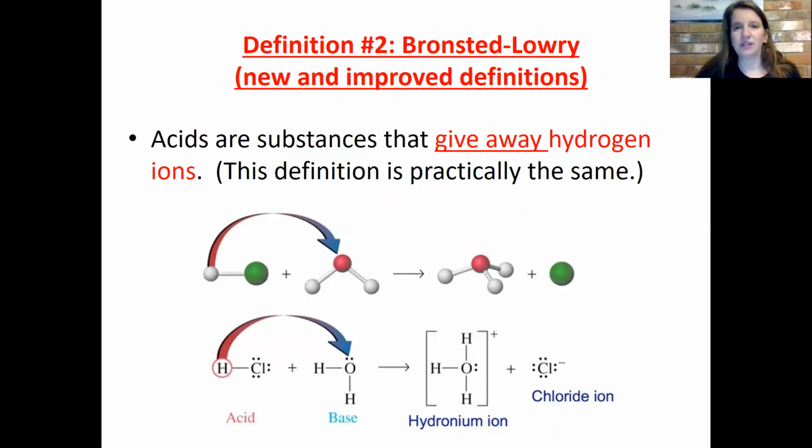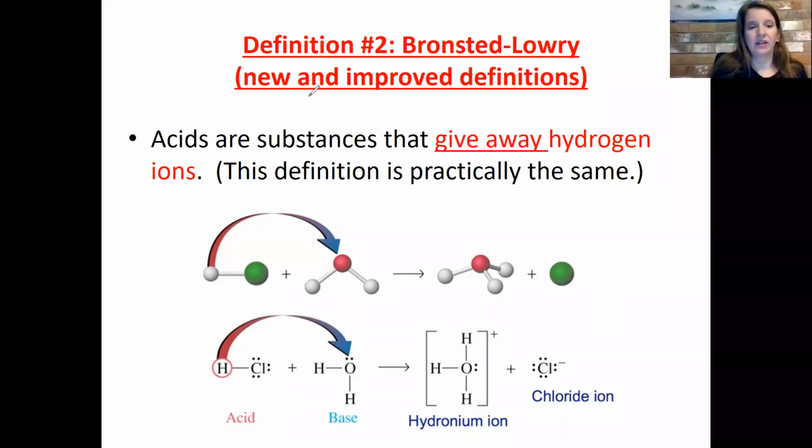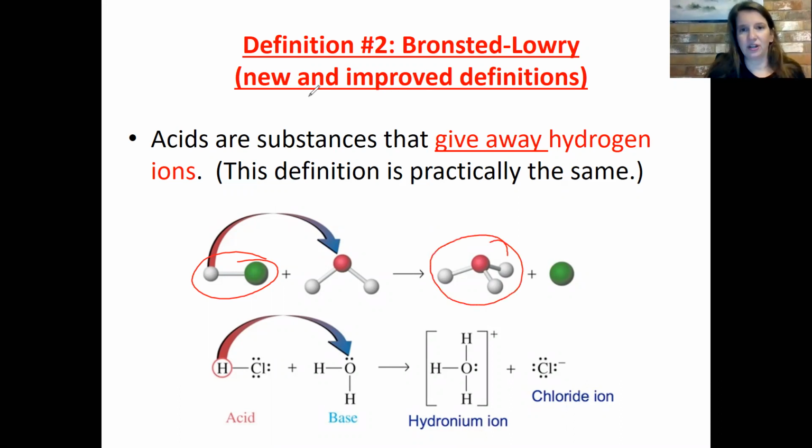It's the Bronsted-Lowry definitions. The definition for acids hasn't really changed. Acids still give away a hydrogen ion. So you can see in this image that you have this molecule here. It's giving a hydrogen ion over here. So on this side, now this thing has 3 hydrogen ions, and this thing has no hydrogen on it, okay?